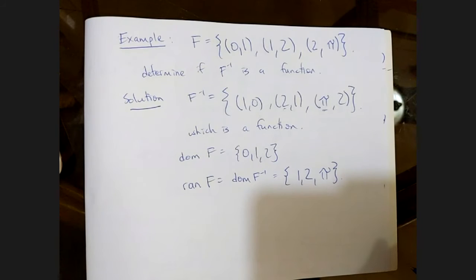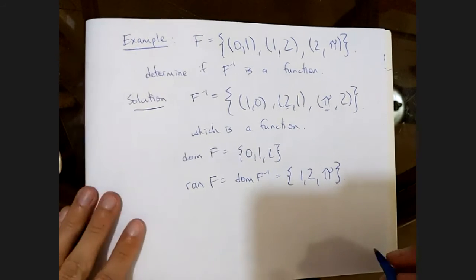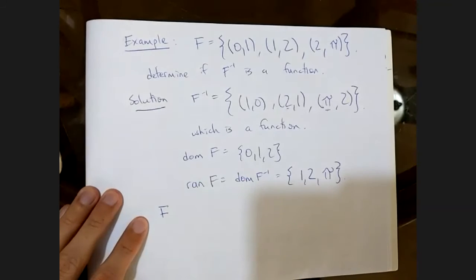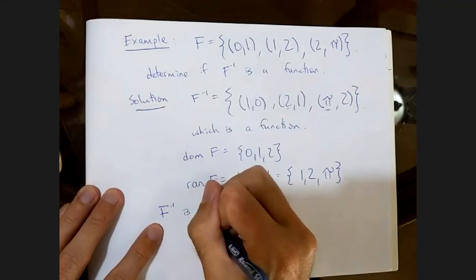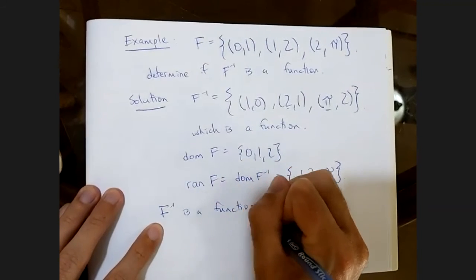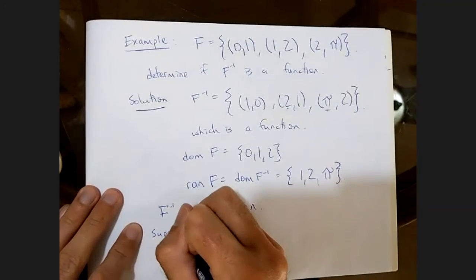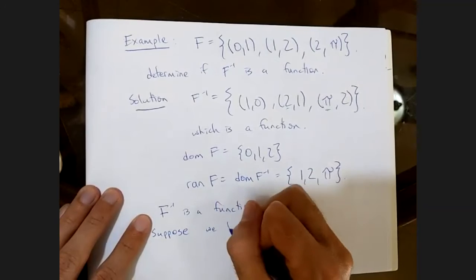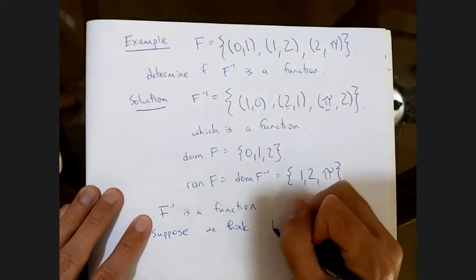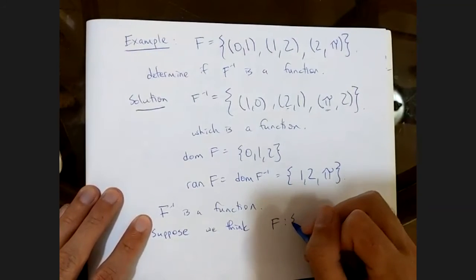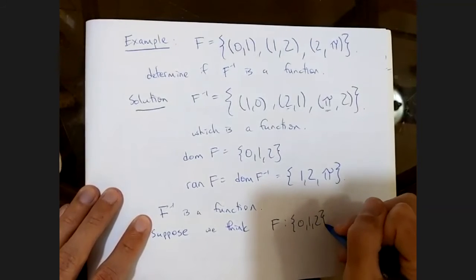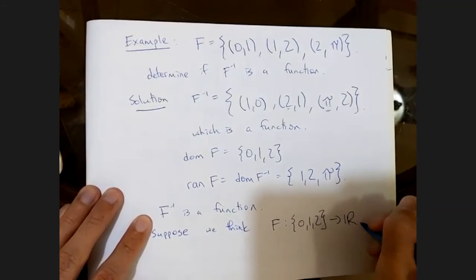So F inverse is a function, but here is where onto might come in. Suppose we think of F as going from the domain 0, 1, 2 to the real numbers.